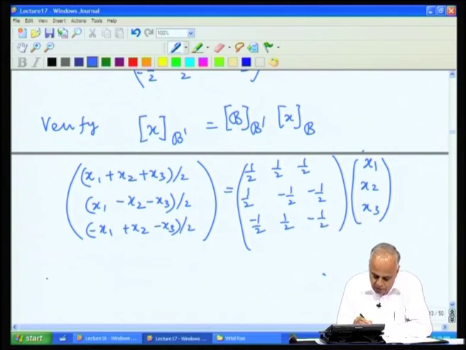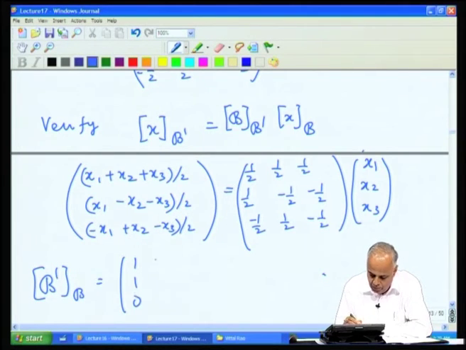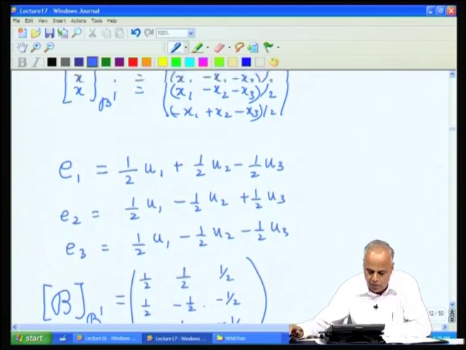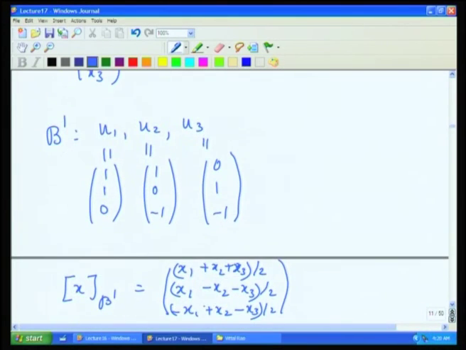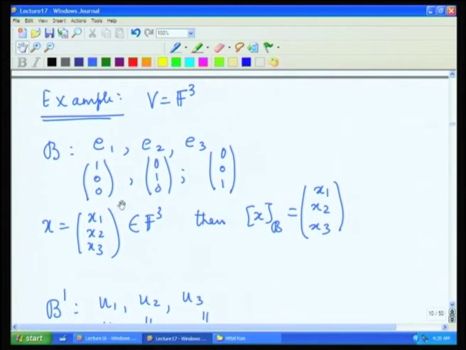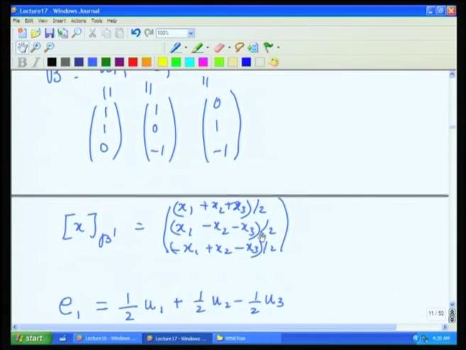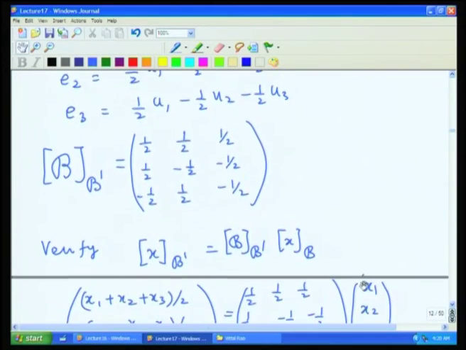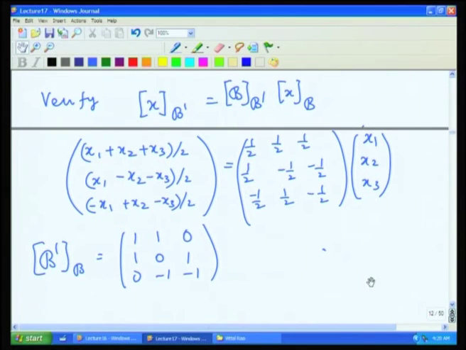In this case, what is B prime B? That is very easy. It is just (1, 1, 0), (1, 0, -1), (0, 1, -1), because we want to represent u1, u2, u3 in terms of e1, e2, e3, which is a very simple straightforward computation, and therefore, we get B prime B as this.